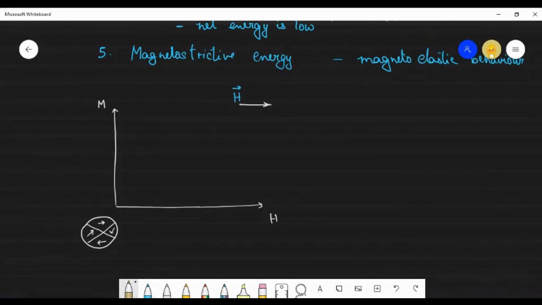When H is 0, the net magnetization is also 0.